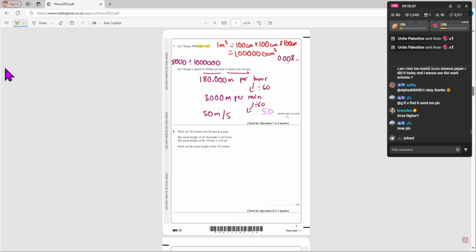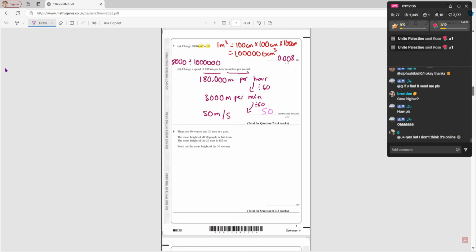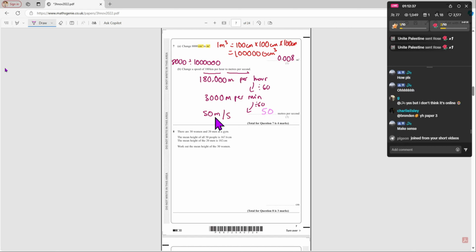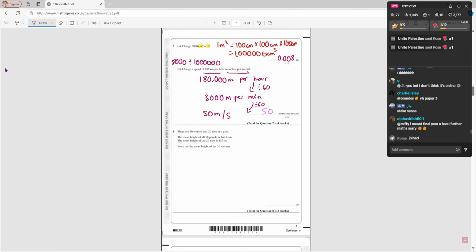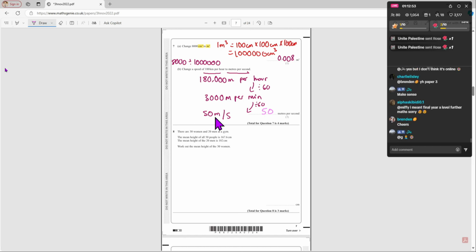It's because I wrote it down over here: 1 meter cubed is equal to 100 centimeters times 100 centimeters times 100 centimeters. And that is the same as saying 1 million centimeter cubed. So we know that in 1 meter cubed, there is 1 million centimeter cubes, and that's why you divided by 1 million. You have to look at the symbols and you have to look at the powers as well, okay?